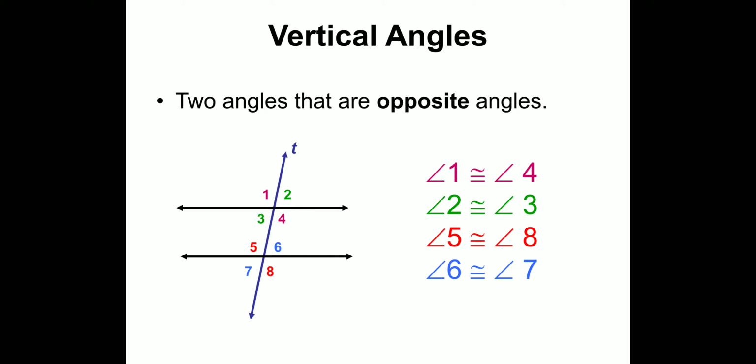Congruent means they are the same in angle. Here we can also see a congruent sign, which means the same angle. So angle 1 is congruent to angle 4, angle 2 is congruent to angle 3, angle 5 is congruent to angle 8, and angle 6 is congruent to angle 7. So these are vertical angles.